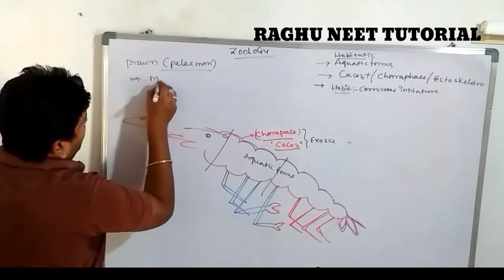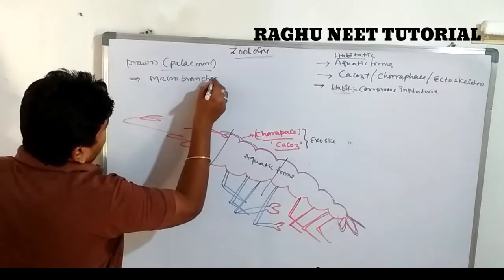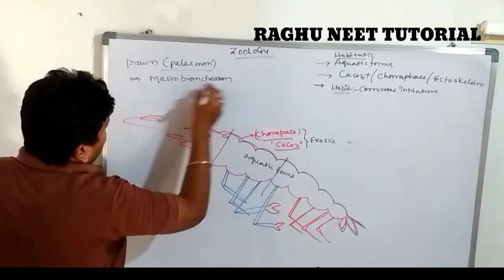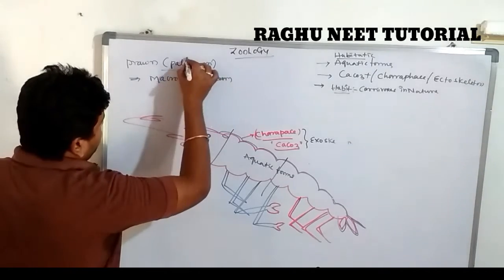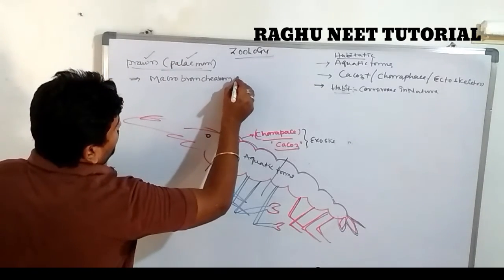Example, Macrobrachium. Don't write these scientific names, you only need to remember these two words: Macrobrachium rosenbergii.